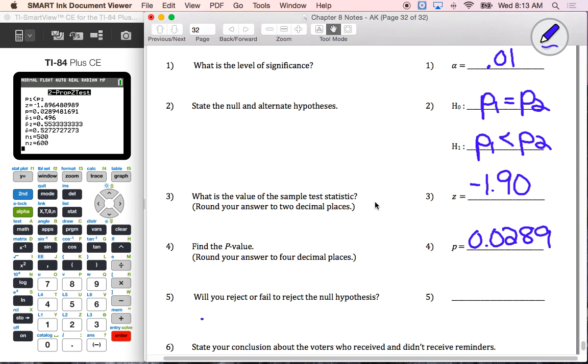So I'm going to compare 0.0289 to 0.05, and we are less than, sorry, I have the wrong numbers, 0.01, which will change some. So if I have 0.0289 and 0.01, we're not less than, we are greater than for that. So since it's greater, you're going to fail to reject.